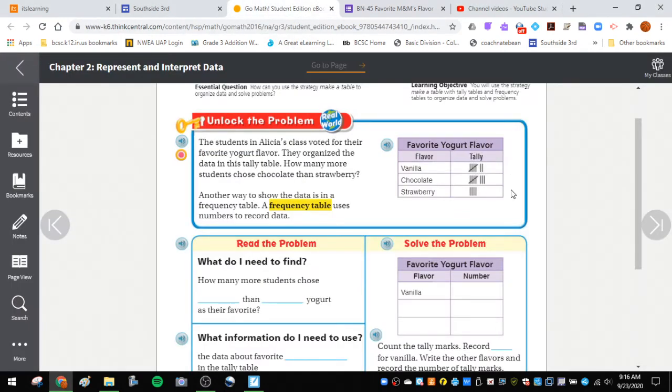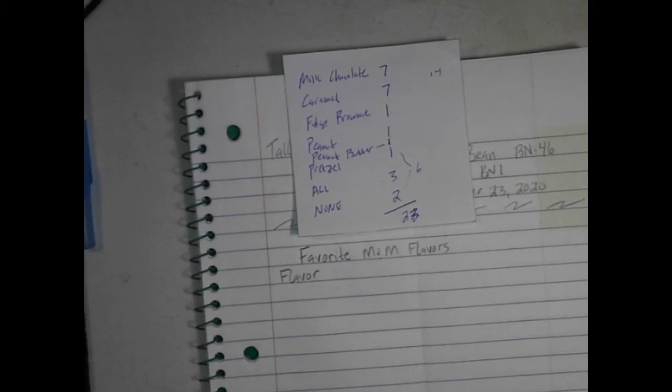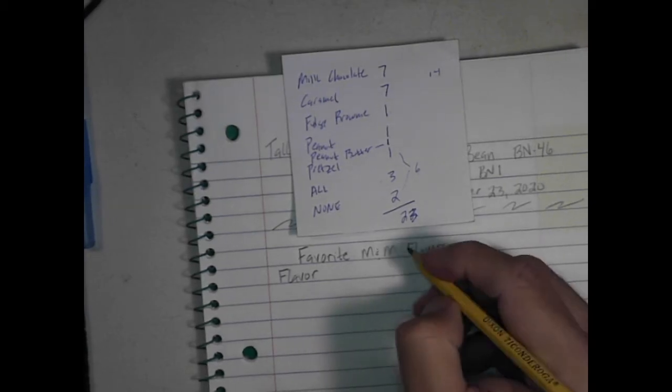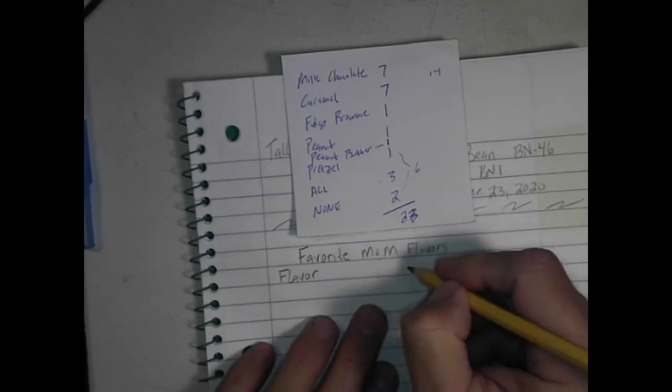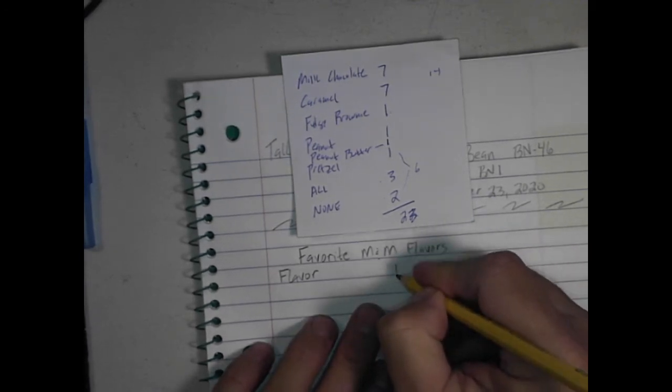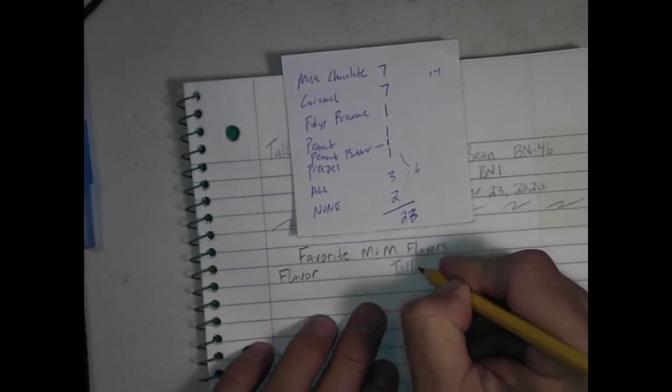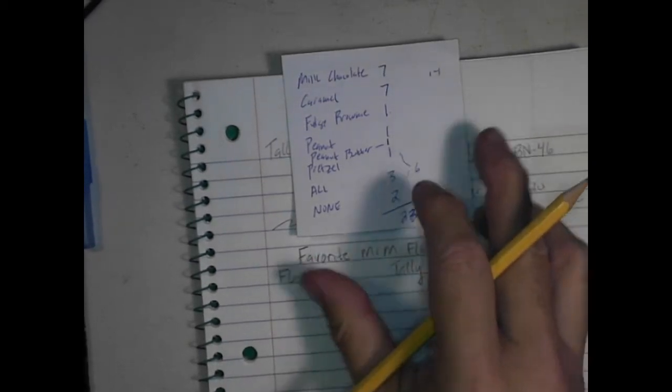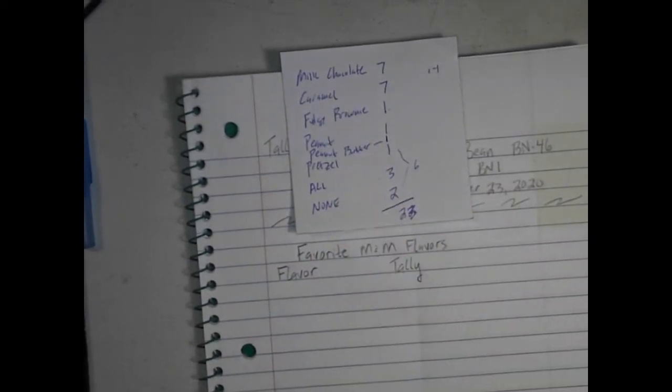All right, so the only thing that's different here, we have tally and then number. So it'd be tally, then frequency. So right here, I would put tally because I'm going to do a tally chart. Now, these were the flavors that I had, okay? But I had other flavors that were in there.